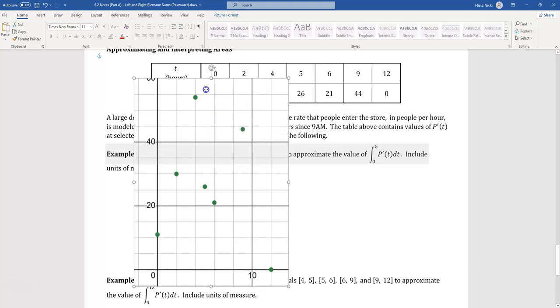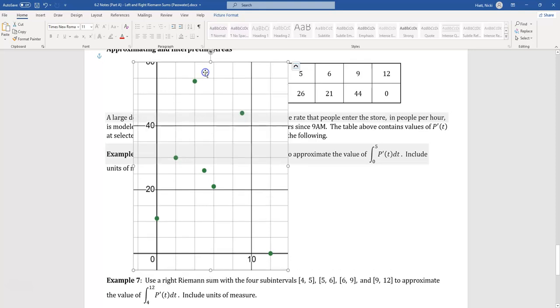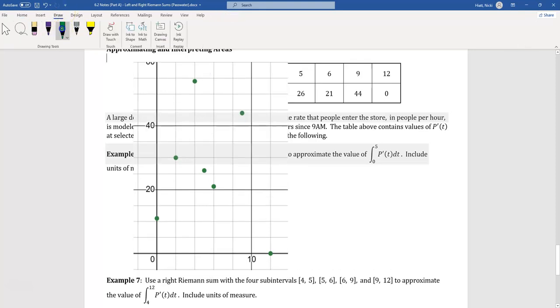And then on this graph, the x-axis would be our t in hours, and our P prime is here, and it is measured in people per hour. So I've just plotted these points here. So you should have written down the numbers that we used yesterday. But I think it is helpful to think about what this looks like on a graph.